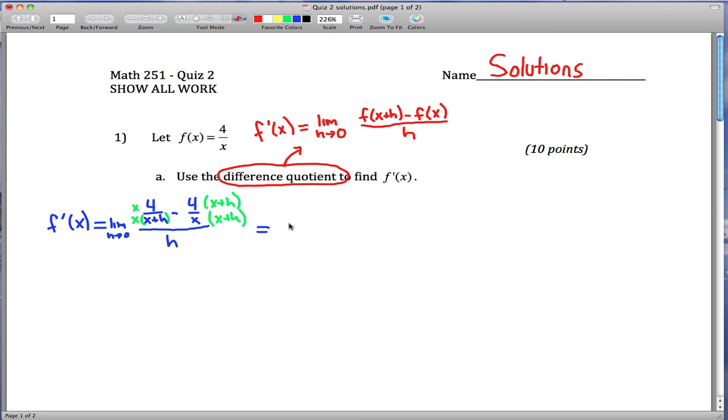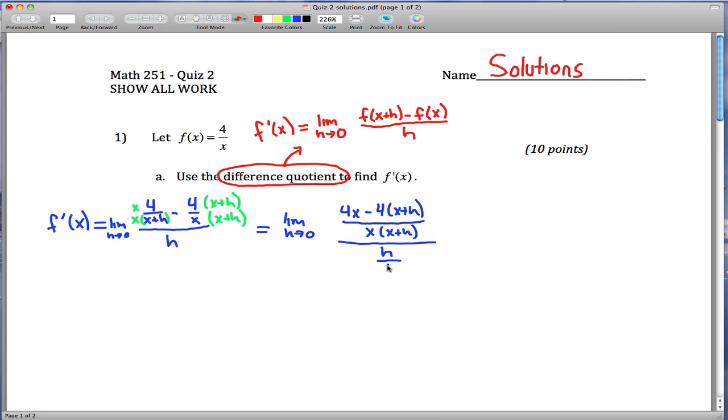So if we simplify a little bit, we get that's equal to the limit as h approaches 0 of 4x minus 4 times x plus h, all divided by x times x plus h, our new common denominator, and all that is divided by h.